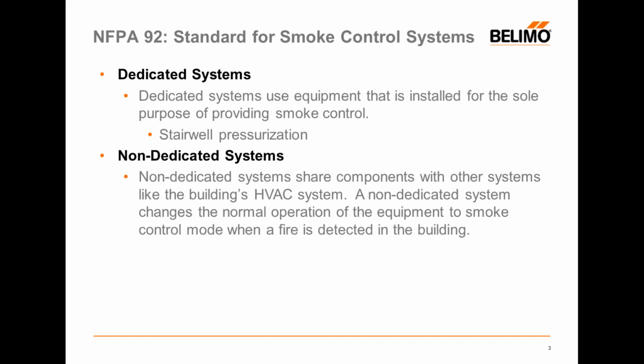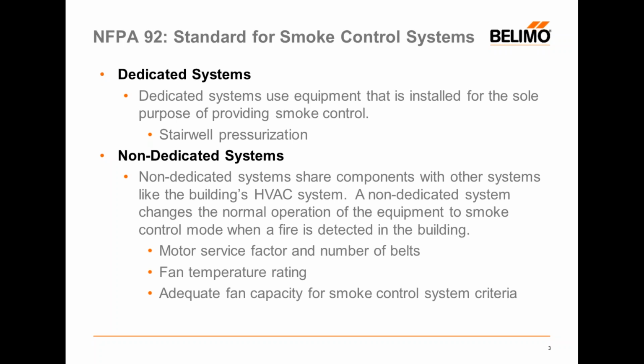With HVAC systems that are used also as non-dedicated smoke control systems, some things have to be taken into consideration, like the motor factor, service factor, and number of belts on a fan motor, the temperature rating of that fan, capacity for the smoke control criteria as well, and of course, since we are a life safety system, these non-dedicated systems have to be on emergency power.